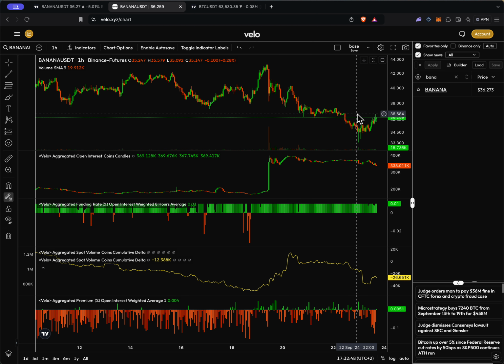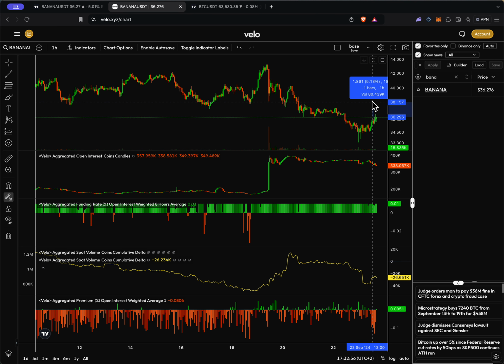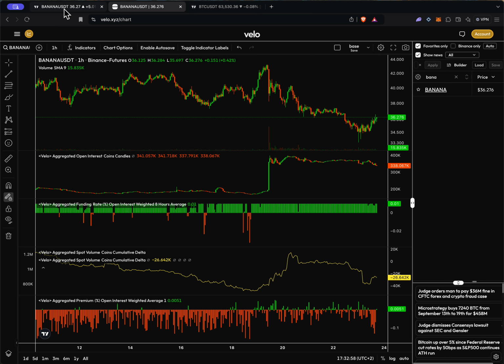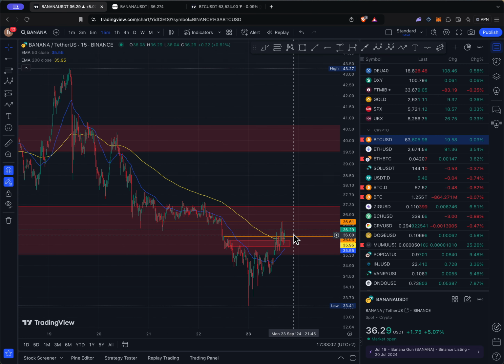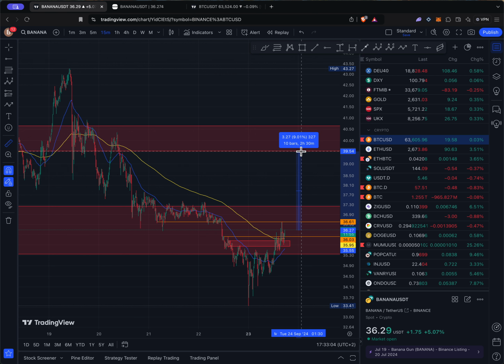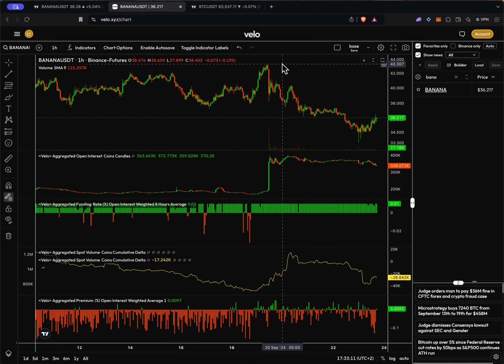So this gives me even more confluence that this coin might have a push, maybe higher than expected from this chart. So it could actually go towards here or even higher, because we have a lot of shorts that opened around 43 all the way down.